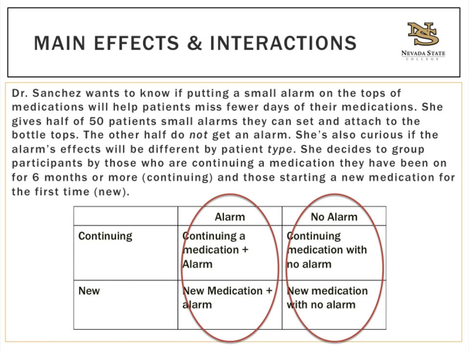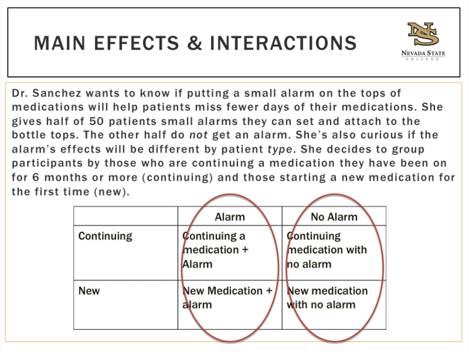So whether they're continuing a medication or getting a new one, versus the no alarm groups. So we can see if these 2 groups do better than these 2 groups. For the moment, ignoring whether they're continuing a medication or starting a new one.